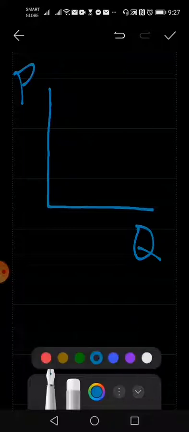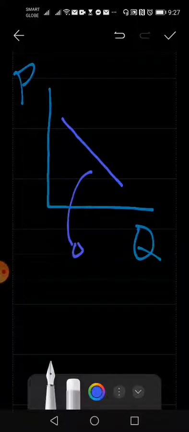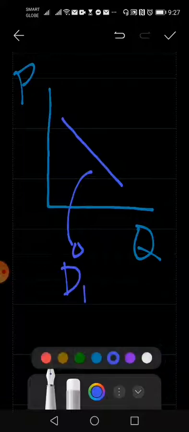I'm just gonna use another color para to show your demand. You have demand curve like this. So this is the original demand curve. I-label natin, pwede natin ilagay D1. And actually, mas maganda kapag i-label din natin yung buong graph. So ilalagyan natin ng label.